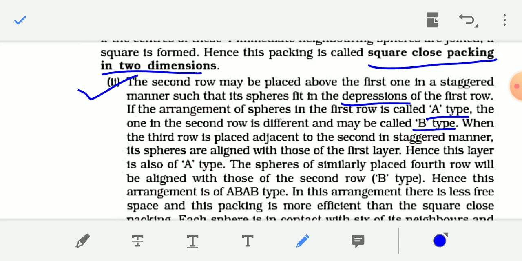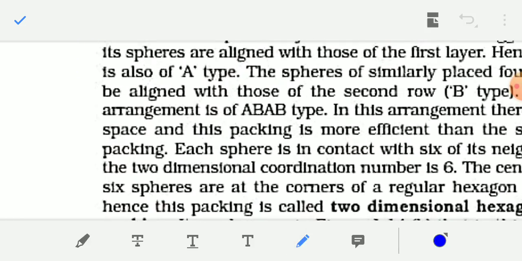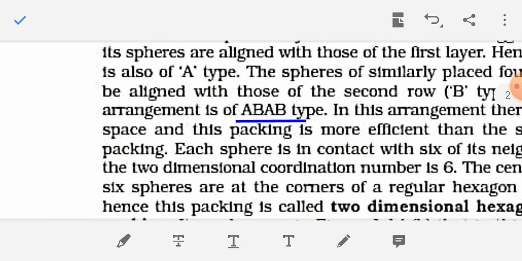Hence this layer is also A type. The spheres of the similarly placed fourth row will be aligned with those of the second row, that is B type. Hence this arrangement is AB type arrangement. The two-dimensional hexagonal arrangement is also known as AB type arrangement.